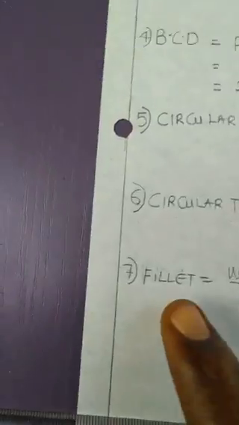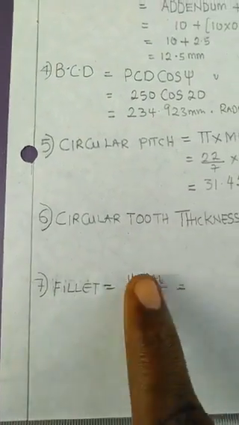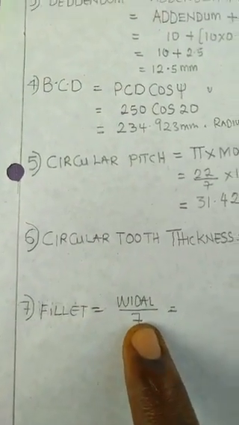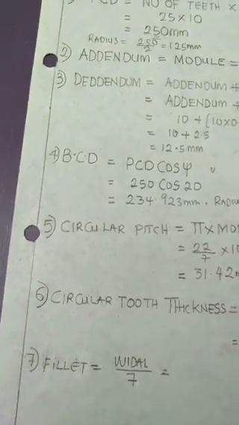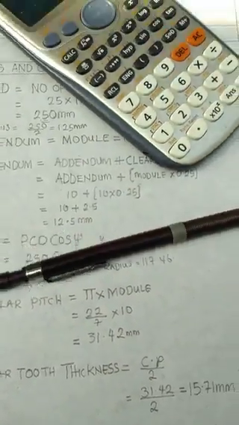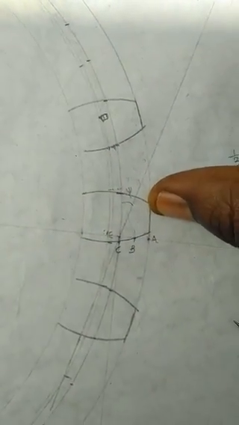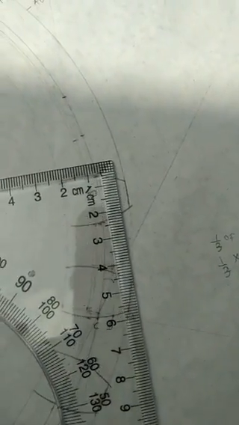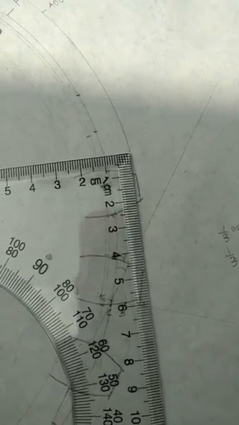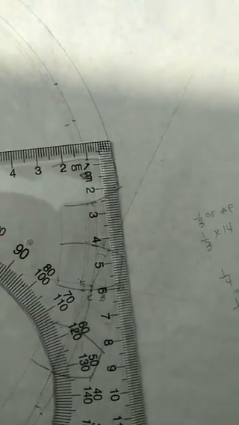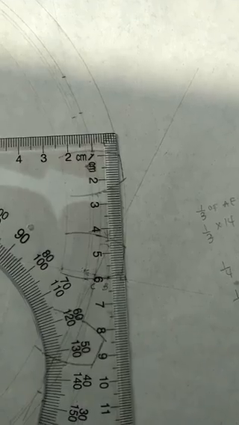So the next thing we want to draw now is our fillet. Our fillet is the wider over 7. And what is the wider? The wider is the distance between the beginning of the tooth and the corresponding beginning. You then divide it by 7. So if I measure with my meter rule, I'll place it at this point here, then to the corresponding beginning.